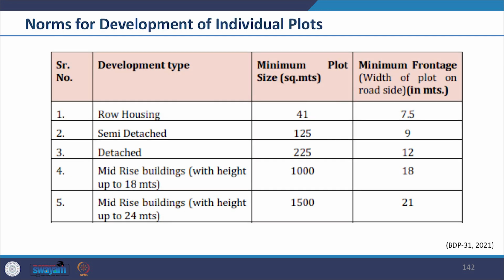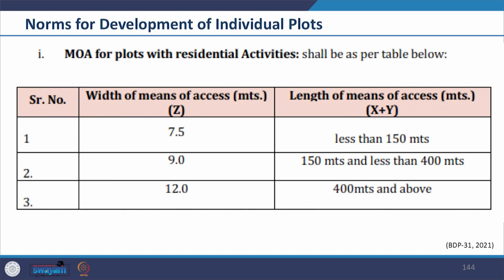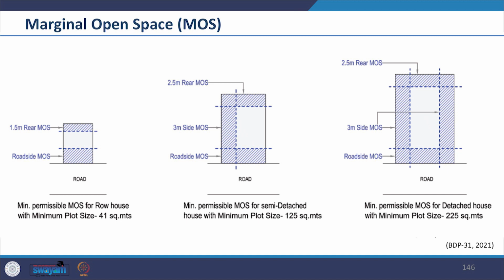Further, you can see the norms for development of individual plots, such as minimum plot size for different development type. Further, you can see details of means of access. Likewise, you can see marginal open space, such as the front road side margin, side and rear margins, minimum distance between two buildings on the same plot, permissible activities in MOS to facilitate common open space, electrical infrastructure, pedestrian parking, and so on.